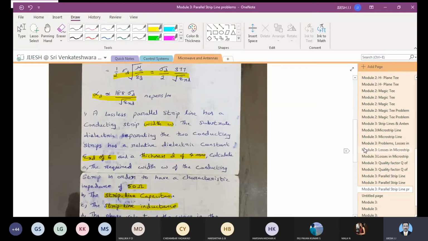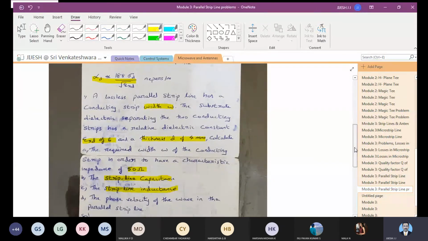So all the equations, whatever you have studied, you have to use these equations, and you have to substitute the values there and simplify to get the answer. So you can try those equations, and then we will see whether you are getting the same answer.